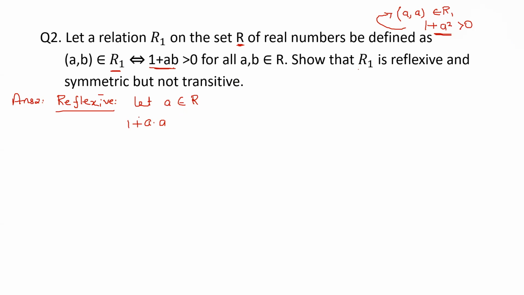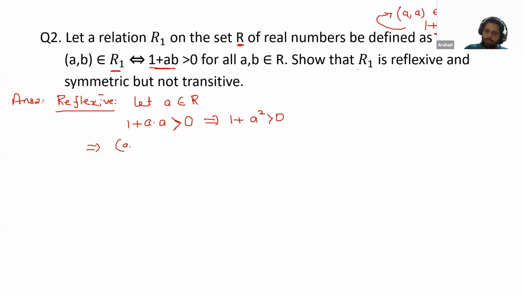Now in that positive part, if you are adding 1, then definitely you will get a value greater than 0. If you select any value from the real numbers, suppose a positive value, then definitely it will be greater than 0. Now suppose you select 0, then what will happen? This will become 0, but there is 1. That's why this will give you greater than 0. So we can write that 1 plus a dot a should be greater than 0. This means 1 plus a square will be greater than 0. This means that (a, a) belongs to the relation R1. Here the relation is R1.